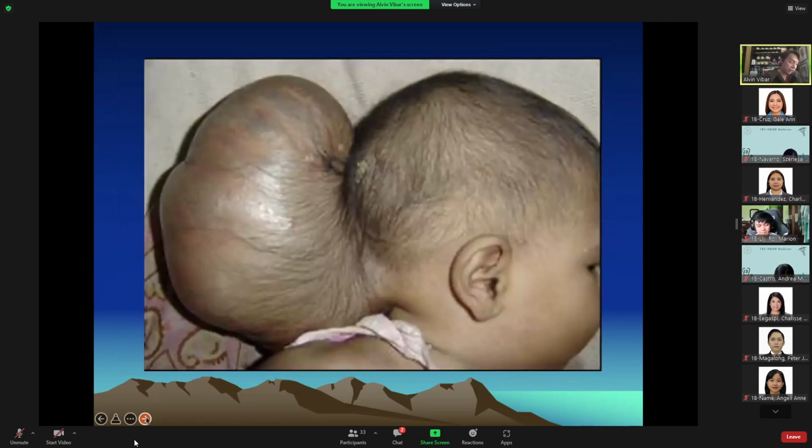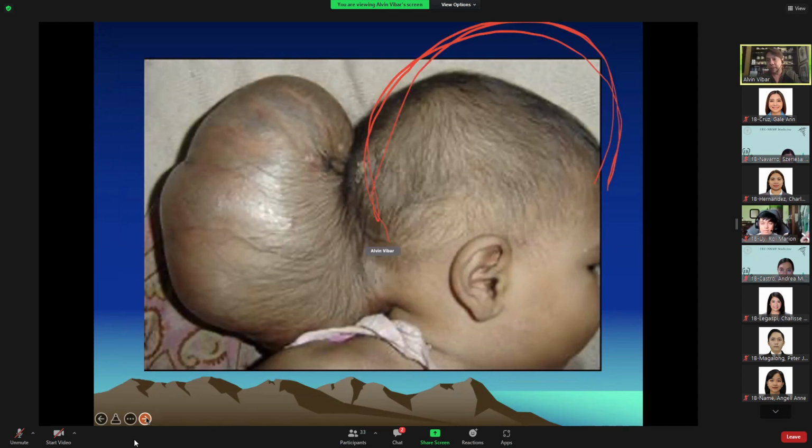So in the future, you might encounter a baby born with cranium bifidum. This is different from hydrocephalus. Have you seen a baby with hydrocephalus? In hydrocephalus, this part gets enlarged.